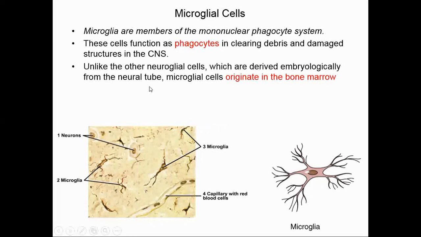The epidermis of the skin is derived from the ectoderm. Anyway, the microglial cells basically originate in the bone marrow, and they migrate into the central nervous system, or into the nervous tissue, as the microglial cells.